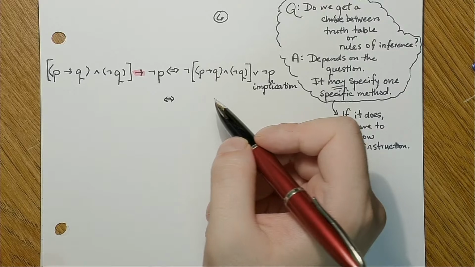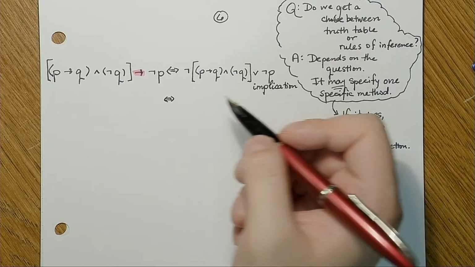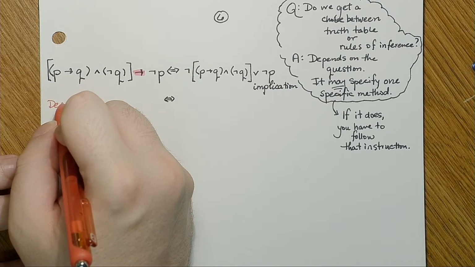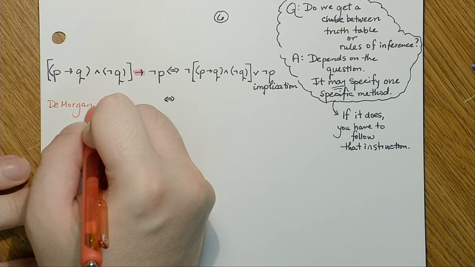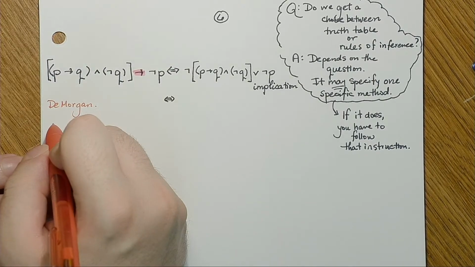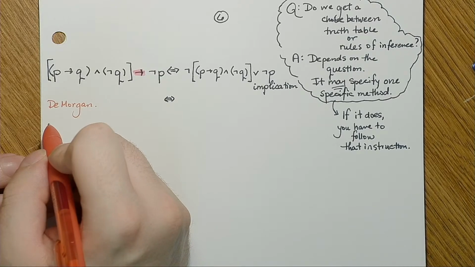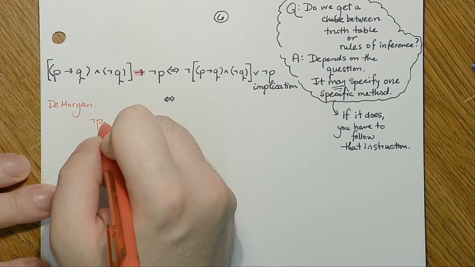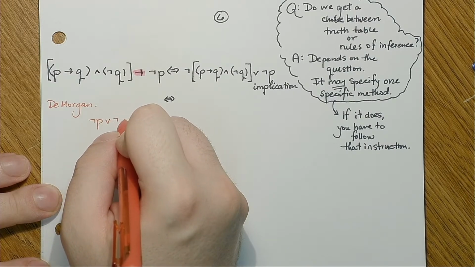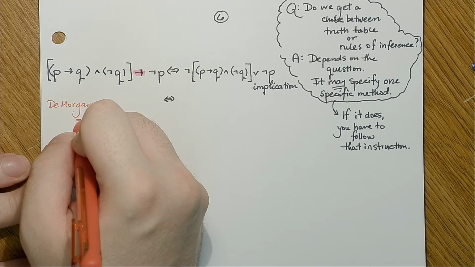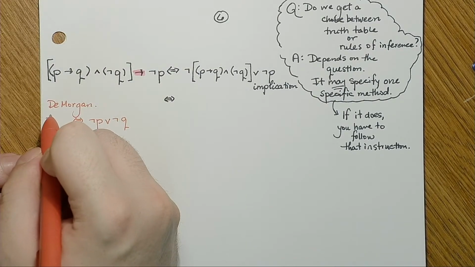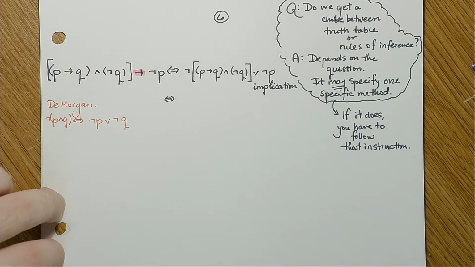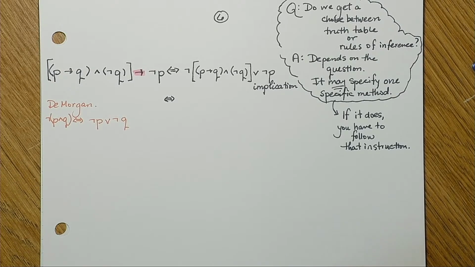Okay. Then what I'm going to do is kind of like the reverse of the De Morgan law, right? So with De Morgan, I have not P or not Q. That's logically equivalent to P and Q. So same idea here.